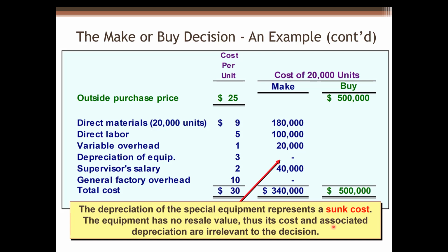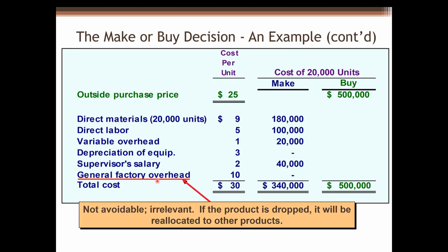The equipment has no resale value, so both its cost and associated depreciation are irrelevant to the decision. General factory overhead is not an avoidable cost. It's irrelevant. If the product is dropped, it will be reallocated to other products.